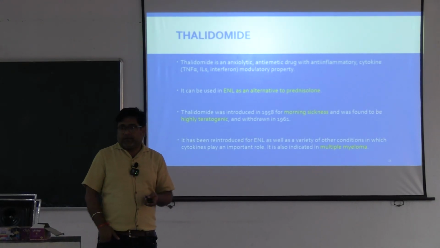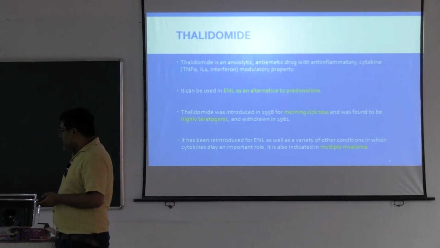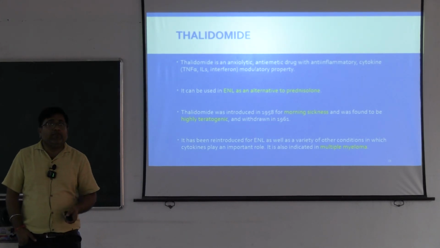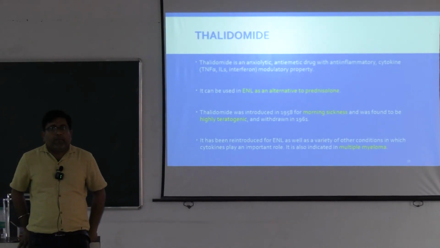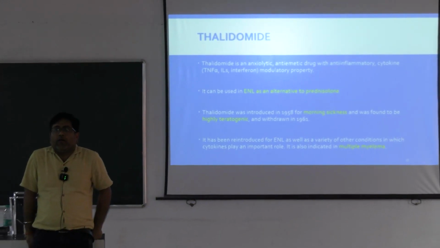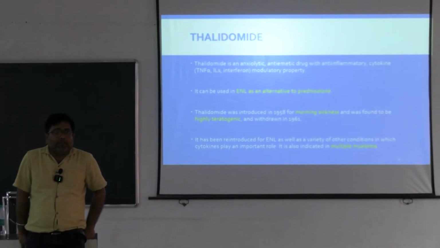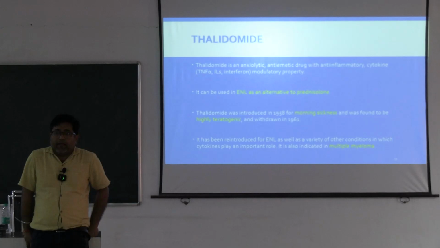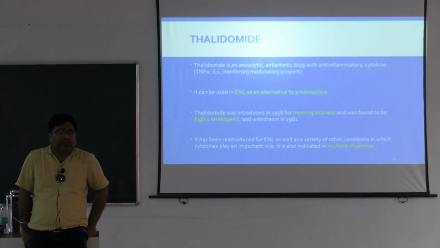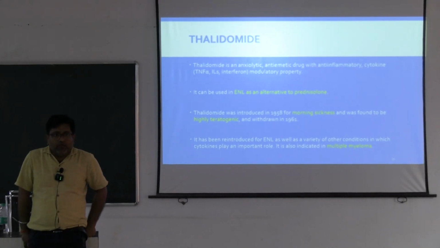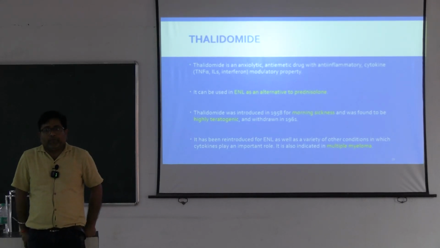Thalidomide. Now, thalidomide was introduced in the market in the 1950s. It was rampantly used for its anti-emetic property in patients in early pregnancy for morning sickness. But with the rampant use, it was noted that the babies that were born showed teratogenic potential, phocomelia, and hence the drug was withdrawn.